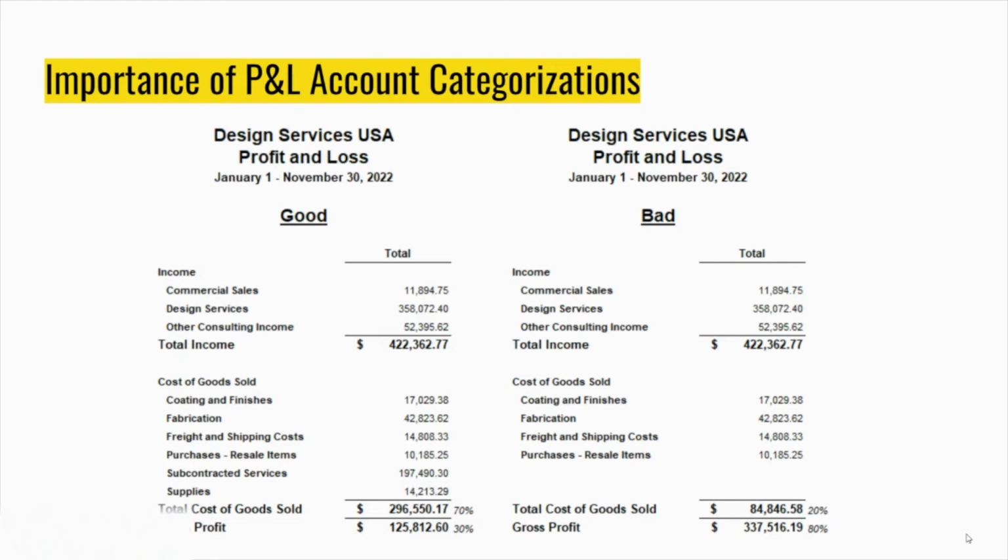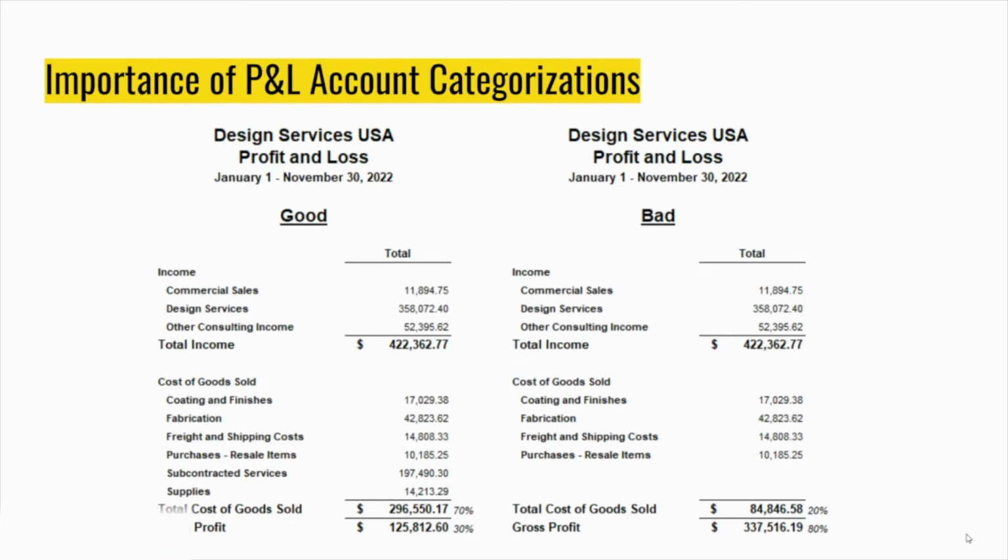On the right-hand side, maybe the client did not show all of the cost of goods sold in the correct place. Maybe they put these expense accounts somewhere else on the P&L. So this would show an inaccurate picture. It would make it appear that we're more profitable at the point of sale than we really are. See, in this instance, we're missing the subcontract costs and we're missing the supplies costs.